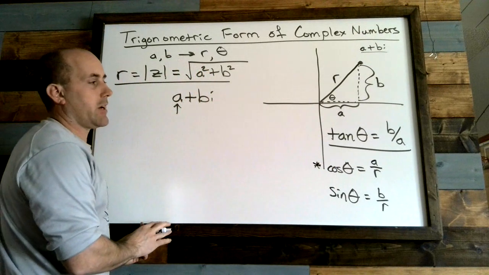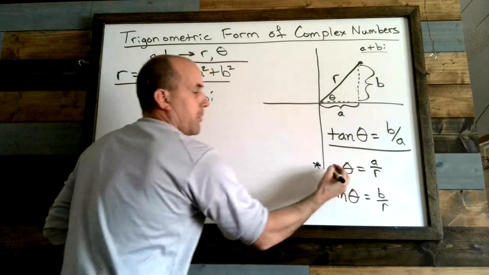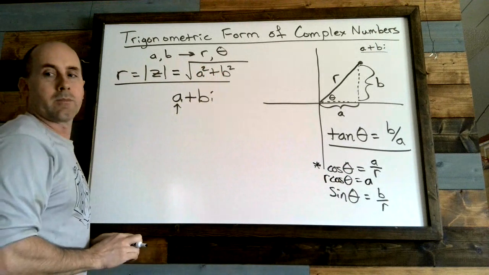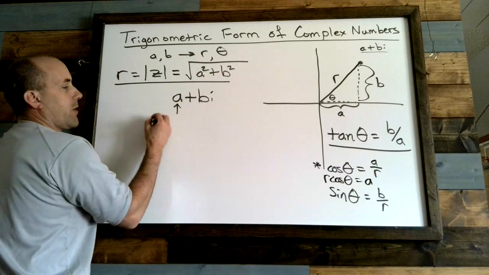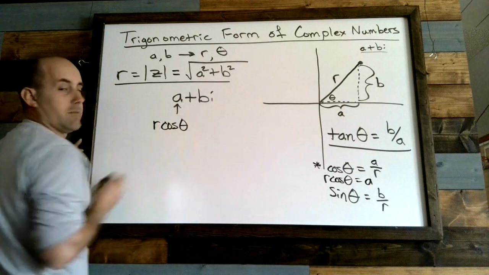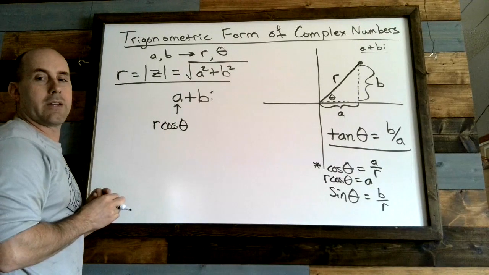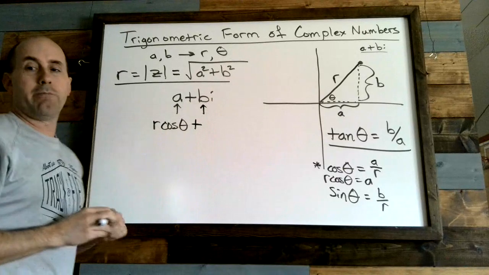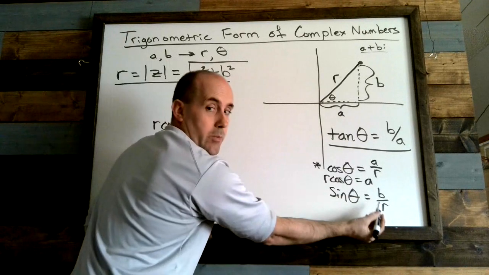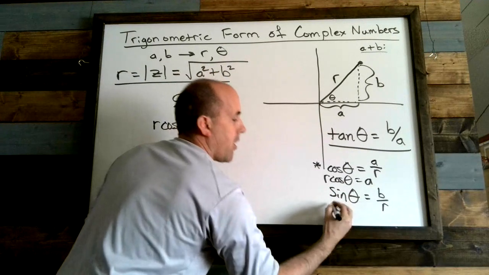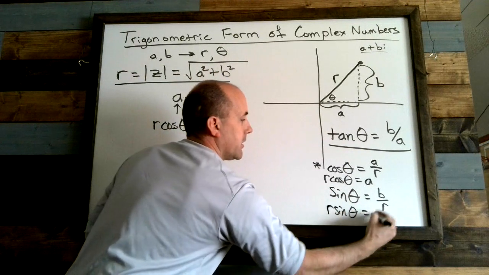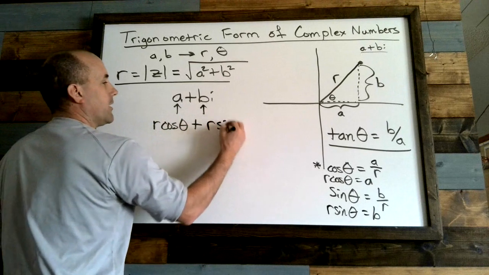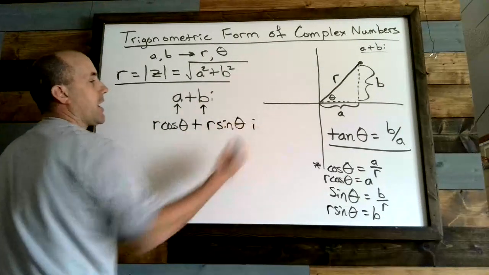It says cosine of theta is equal to A over R. So if I multiply both sides by R, I get R cosine of theta is equal to A. So therefore, instead of A, I can write R cosine of theta, plus, now I don't want to have B. I want to get rid of B. Well, if you look at this one right here, we multiply both sides by R, we get R sine of theta is equal to B. So that's R sine of theta and then we have that times i on the end there.